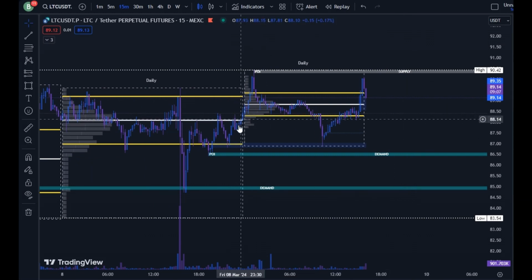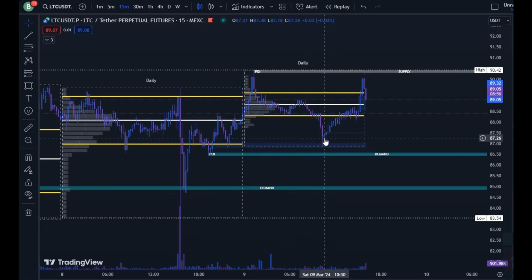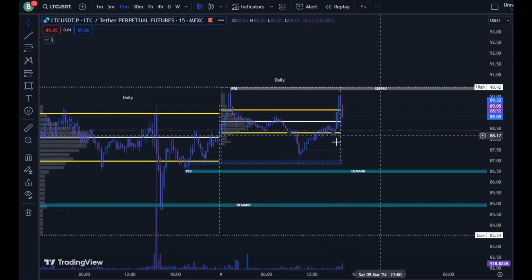So here's the previous day's point of control. Lots of volume. Price trades down through the previous day's point of control. Back up. Rejection. Doji. Back to the point of control. Bullish momentum candle.